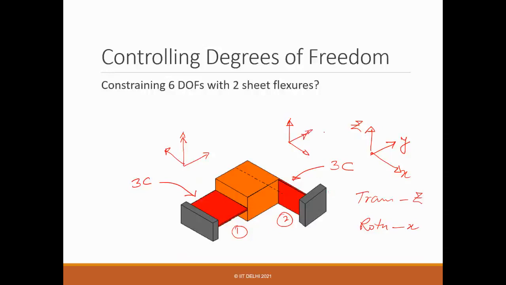So what is missing? If I check overall, the x direction is constrained by this x translation twice, right? So x direction, two times translation. Y translation, yes, it's constrained once. Z translation is constrained once.